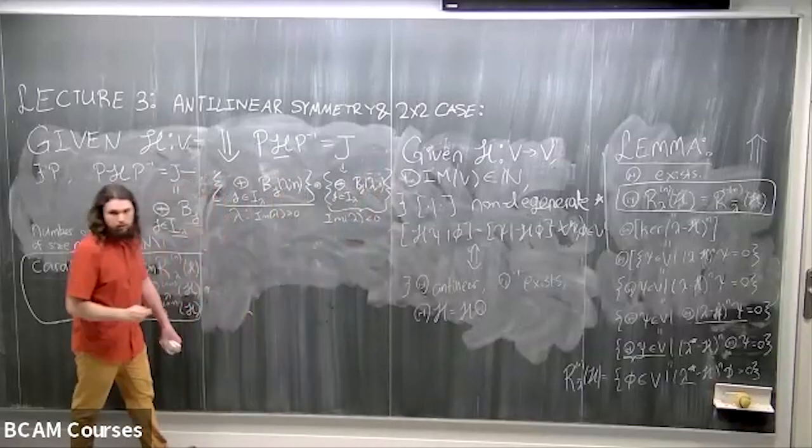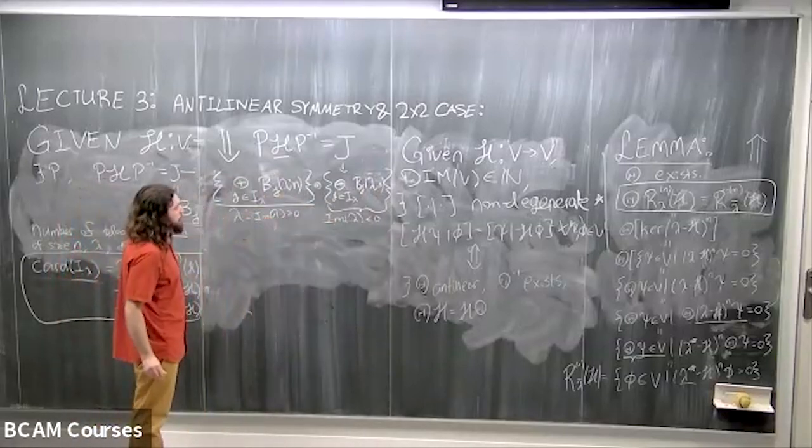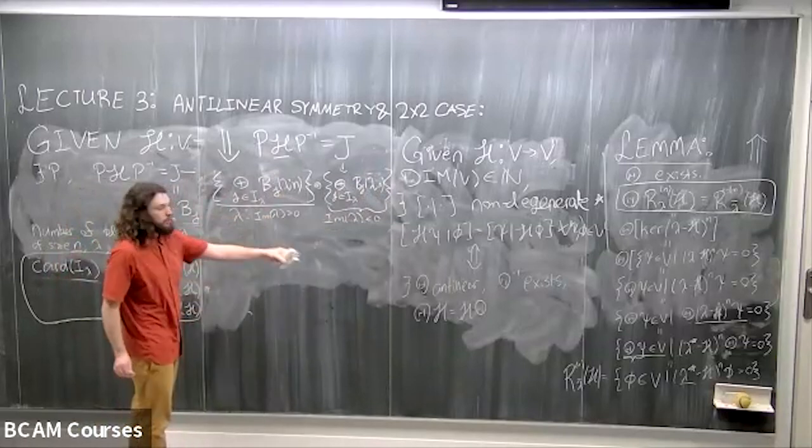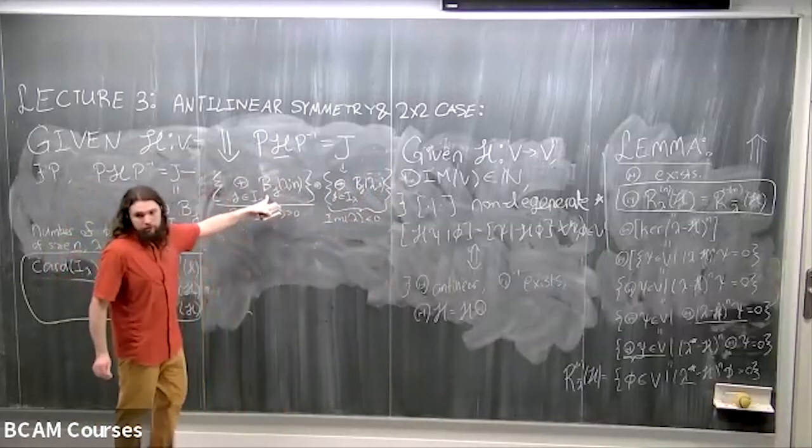So for every Jordan block in here, there is a Jordan block in here. And then the idea is to construct an antilinear symmetry from this decomposition.